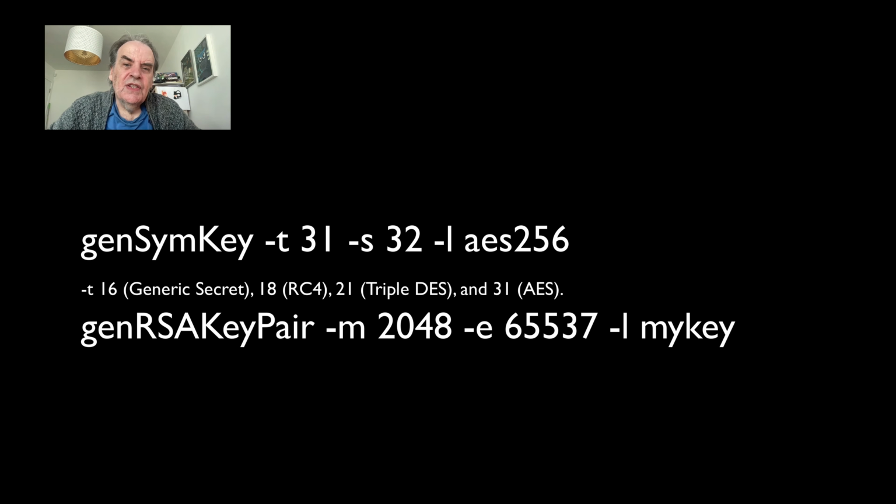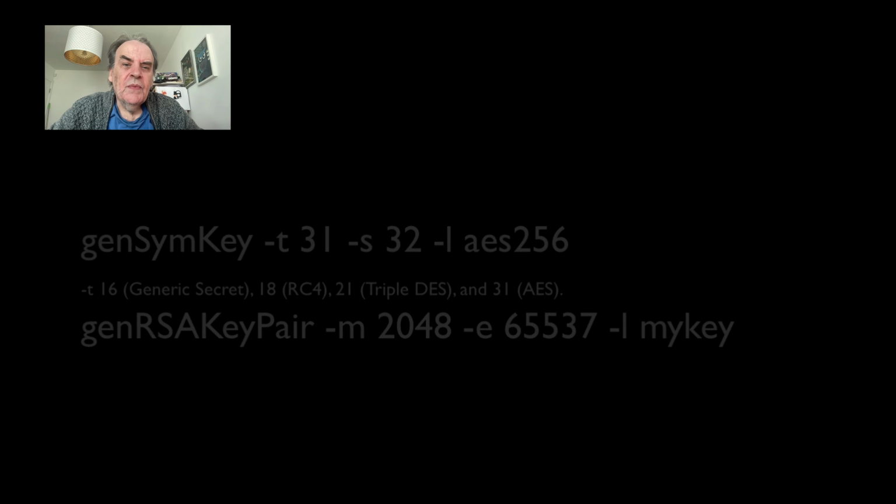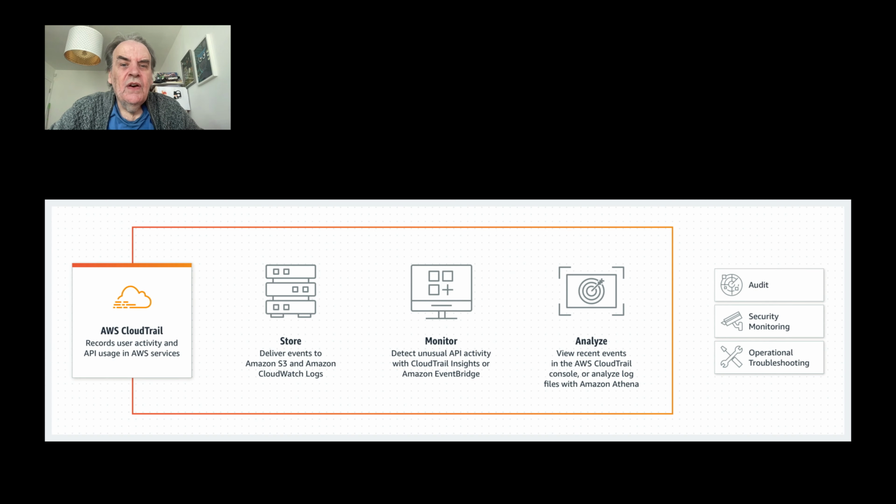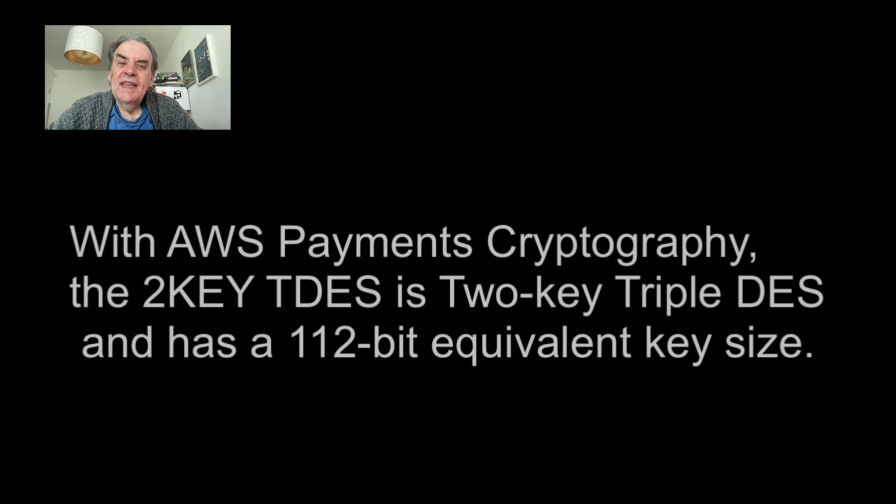AWS CloudHSM is integrated into AWS CloudTrail, where we can track a user, role, or AWS service within the CloudHSM. With AWS Payment Cryptography, the 2-key TDES, or 2-key triple DES key, has a 128-bit equivalent key size.